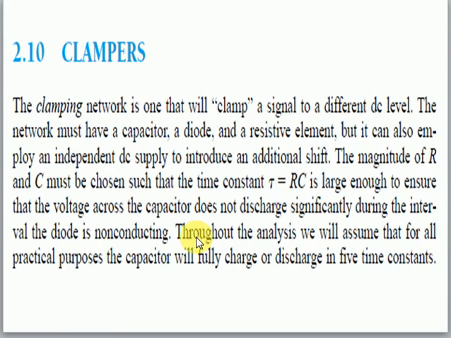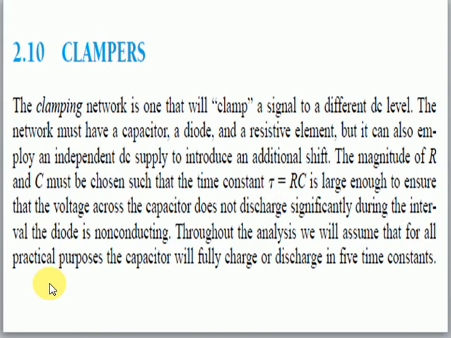One more thing in the clamper circuit is that it consists of a resistor, a capacitor and a diode. A capacitor must be present in a clamper circuit. And one more thing, which is very important, is that the DC supply must be present in it.